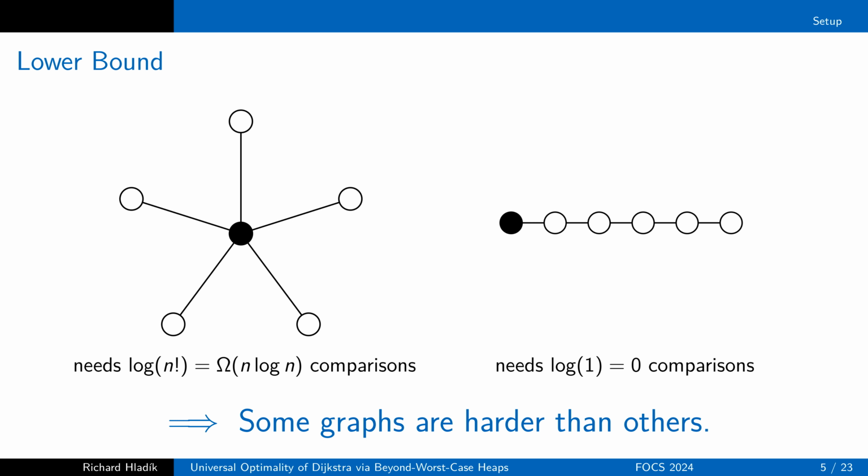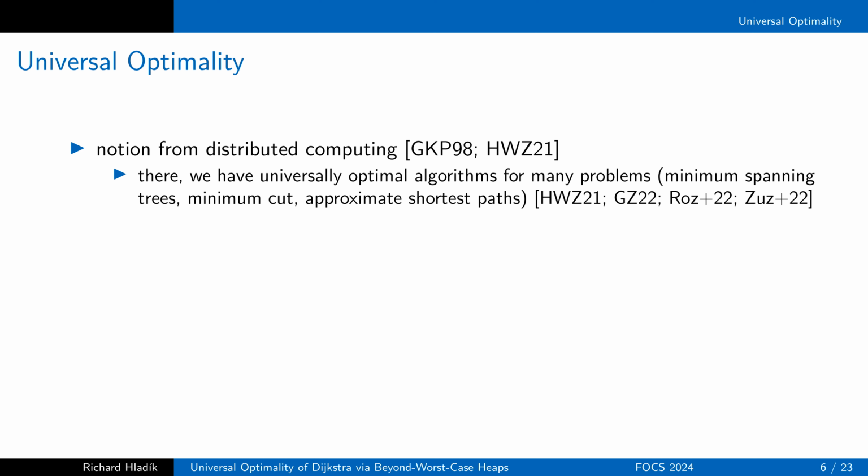And so what would be nice is if we instead had an algorithm that's optimal on every individual graph. And that's a question that people in the distributed computing community have been asking as well. And they came up with a notion of universal optimality.